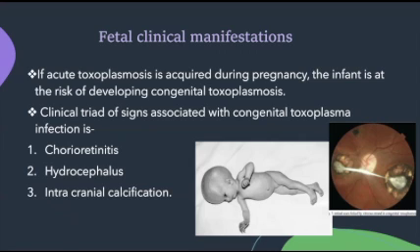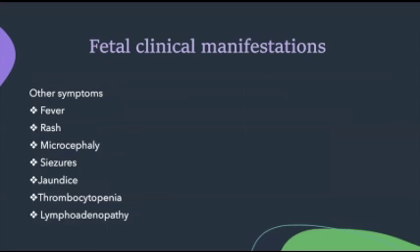These are the 3 congenital toxoplasma infection signs. There may also be other symptoms like fever, rash, microcephaly, seizures, jaundice, and thrombocytopenia or lymphadenopathy.